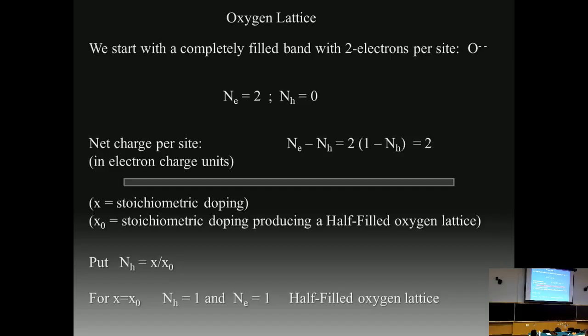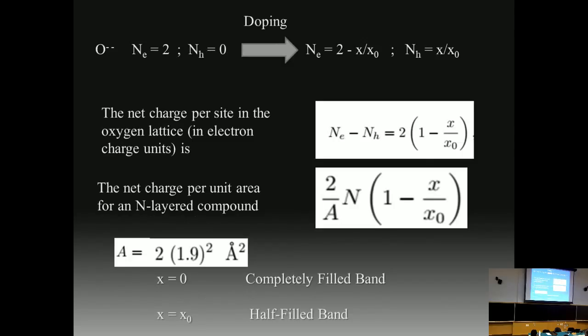So for x equal to x0, we have 1 hole per site, which means 1 electron per site, which means half-filled. So x0 is the stoichiometric doping for which the oxygen lattice becomes half-filled.